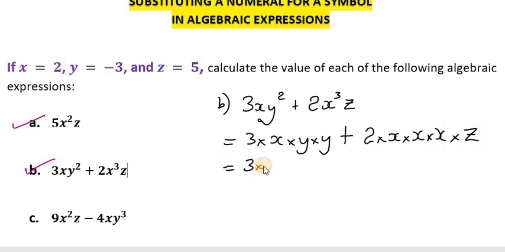And then we're going to do our replacement. X is 2 multiplied by the value of y, and y is -3. Put -3 here. You're also going to replace this y with -3. So that's going to be -3 times -3, which is really y times y, or y squared, plus 2 multiplied by the x value, and x cubed is x times x times x.